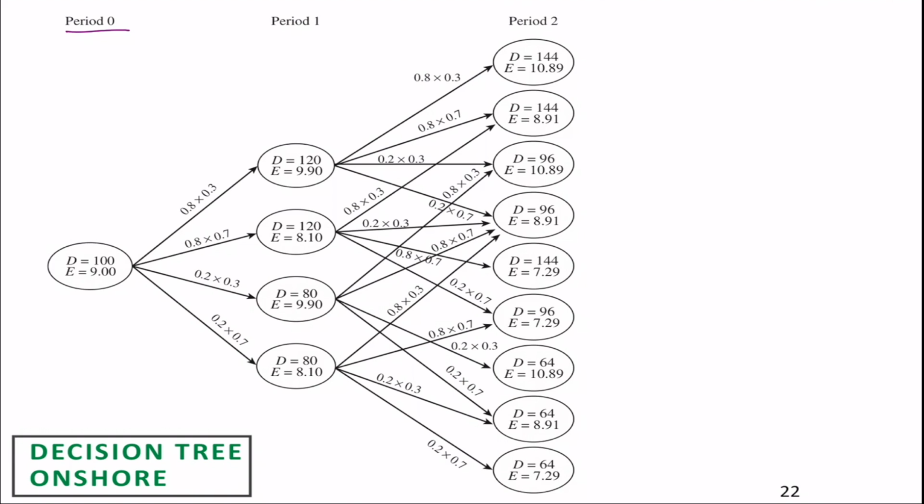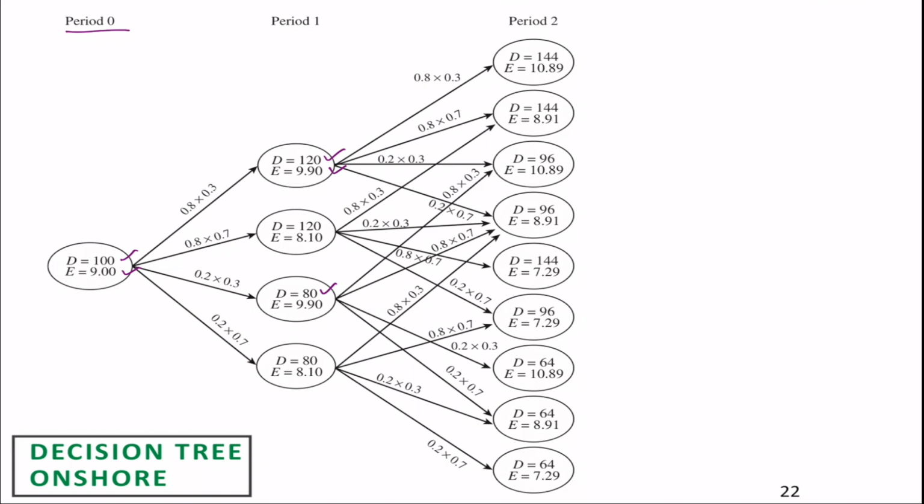In period 0, we start with demand of 100,000 and exchange rate is 9. As we know, demand can either increase or decrease by 20%. If it increases by 20%, it becomes 120. And if it decreases by 20%, it becomes 80. Similarly, exchange rate can increase or decrease by 10%. If it increases, it becomes 9.9.